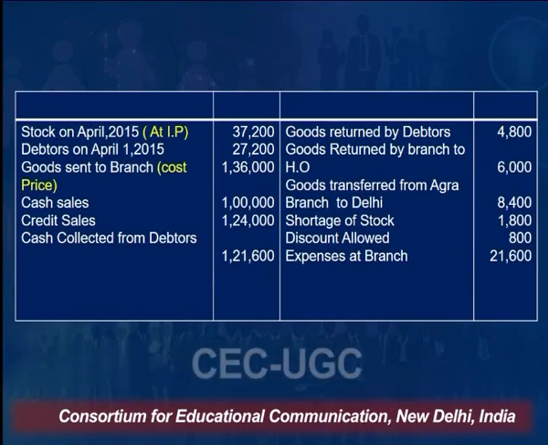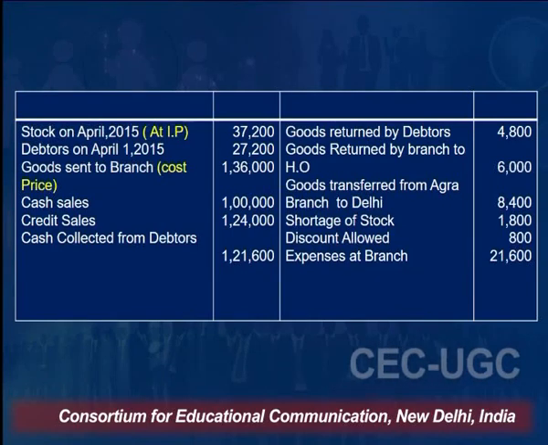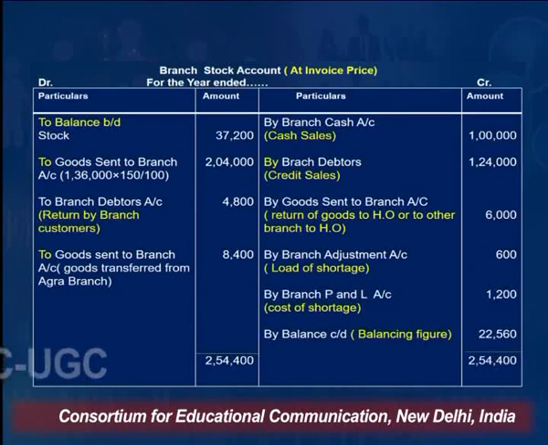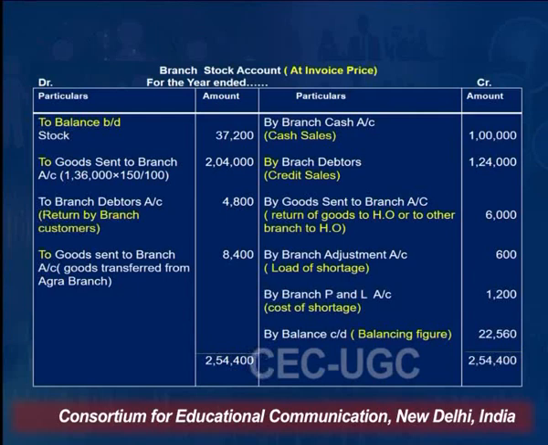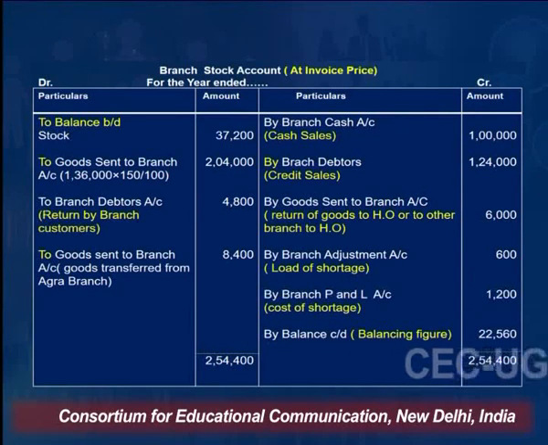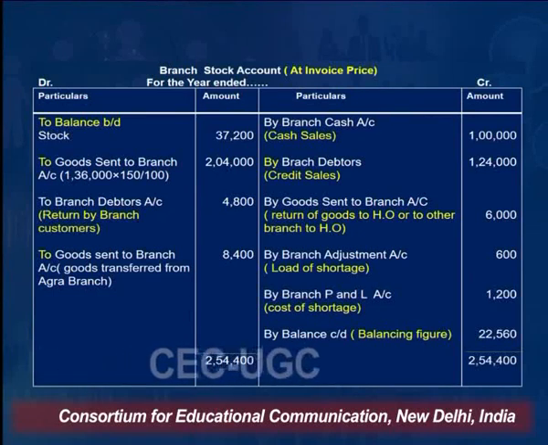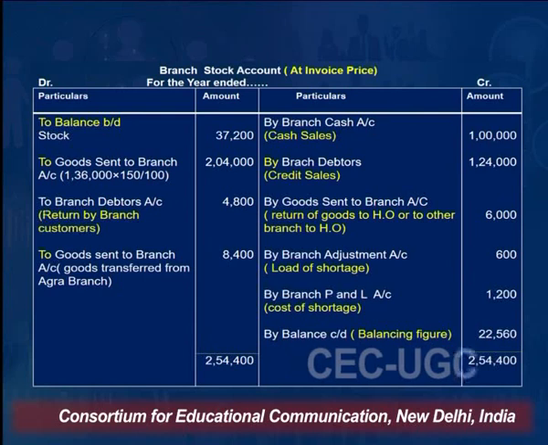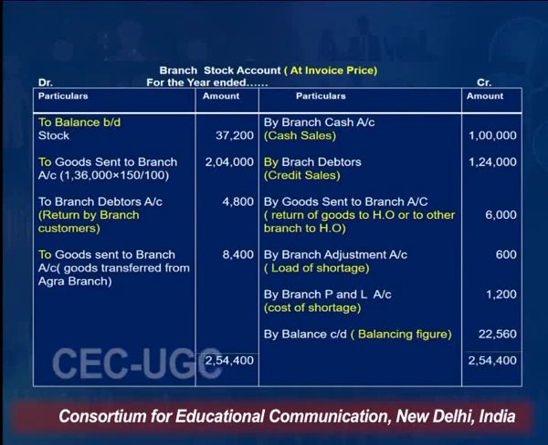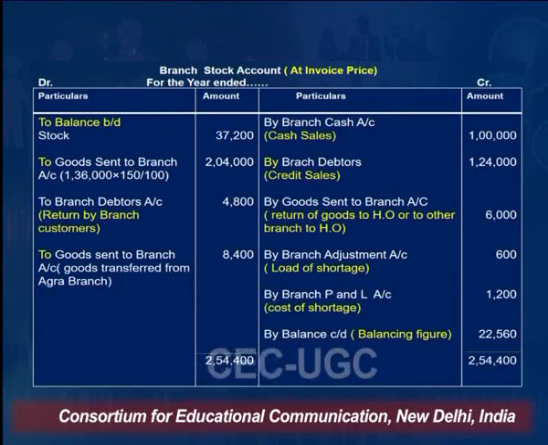Again, shortage of stock is treated like an abnormal loss only, and this has to be segregated further into two parts, the loading part and the cost part. As you can see on the credit side, this loading of shortage is transferred to the branch adjustment account, that is rupees 600, and the cost of shortage is transferred to the branch P&L account. At the end, the balancing figure of stock is calculated.